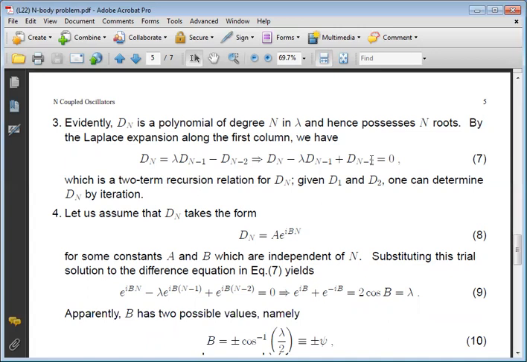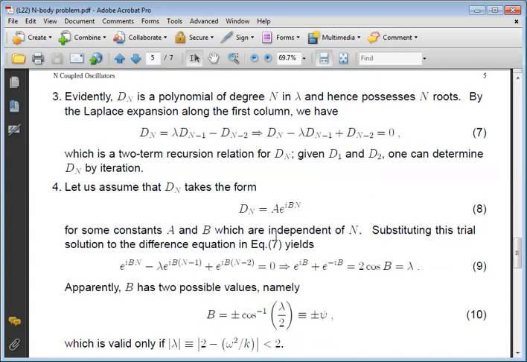So if the second derivative is equal to 0, then it's natural for us to assume that it takes the form of an exponential function. So here we assume that it takes this form, an exponential function of n. Keep in mind that a and b are arbitrary constants to be determined.